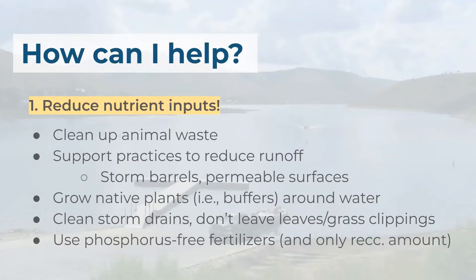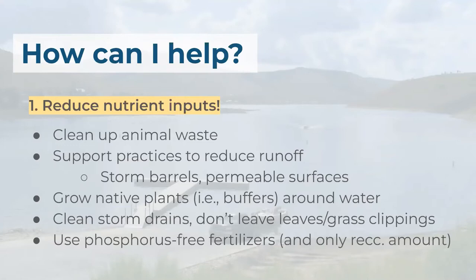And so even though you don't live right next to a water body and you can't create a buffer zone, you can also be aware of nutrients coming from your yard or your house. Storm drains is a big way that you can help with that. Cleaning things like leaves or other organic material from your storm drains, that can introduce nutrients. So making sure to pull those out and dispose of them properly assists with that.